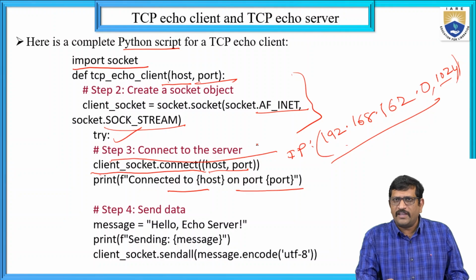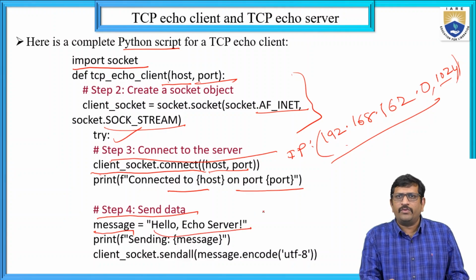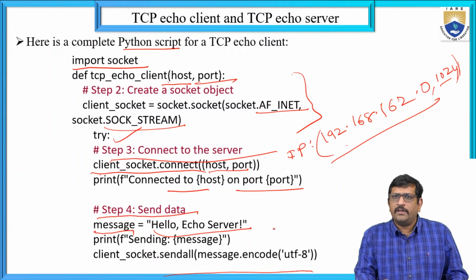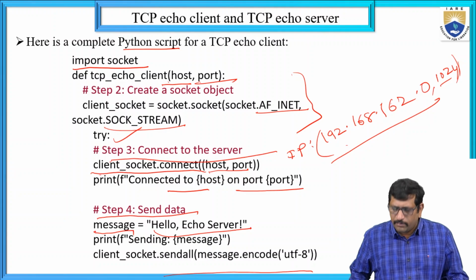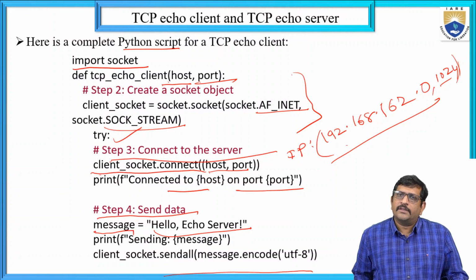Once the connection is successfully established, we can send the data. Step 4: sending the data. What data are we sending here? The message is "hello echo server". We print the message, then send it with message.encode using UTF-8. Whatever message we send from the client to the server is converted into another form, like cipher text.